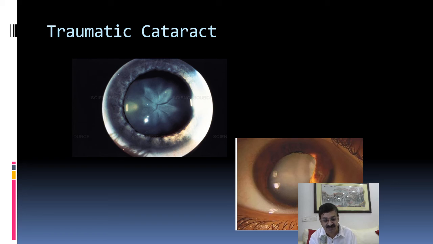It appears that there must have been a rupture of the lens capsule. The rupture of the lens capsule is associated with hydration of the lens, and it results in such an opacification. It's a pillowy, feathery opacification, and it is a mature cataract. This has to be removed.